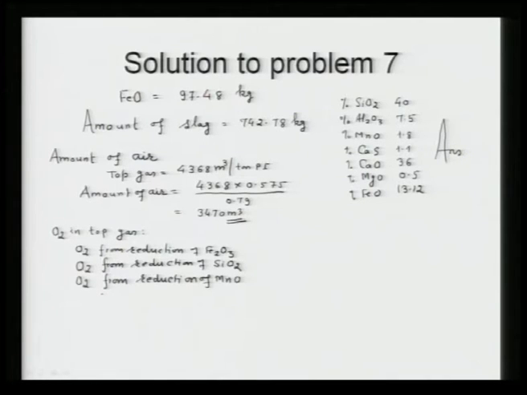Then your calcium carbonate and magnesium carbonate are present. Now, the calcium carbonate decomposed to CaO, CO2, O2 is available, MgCO3, MgO and CO2, O2 is available.